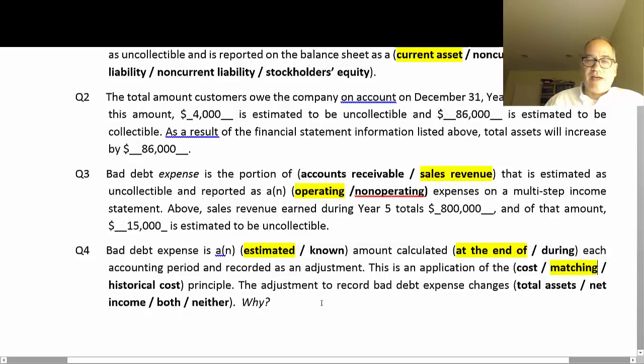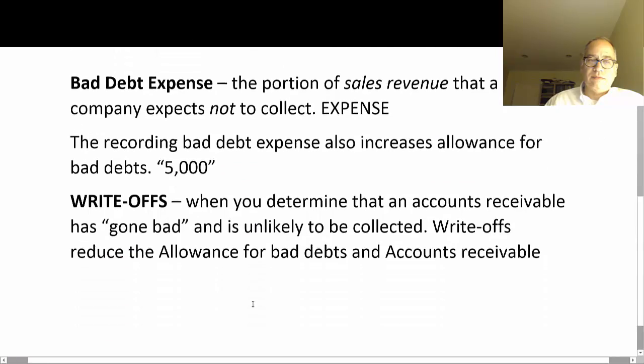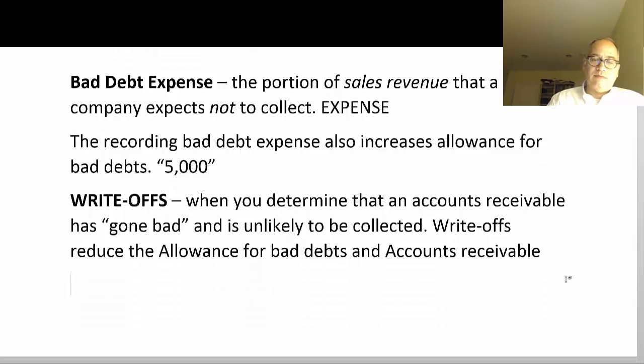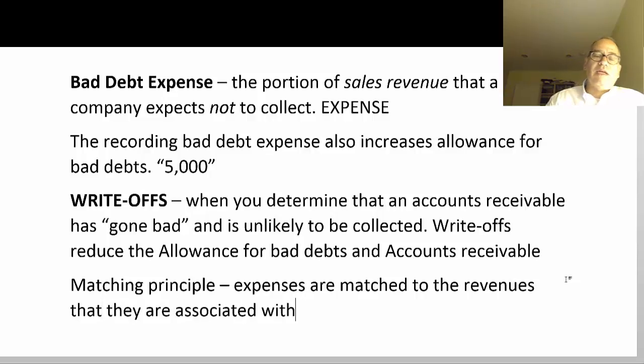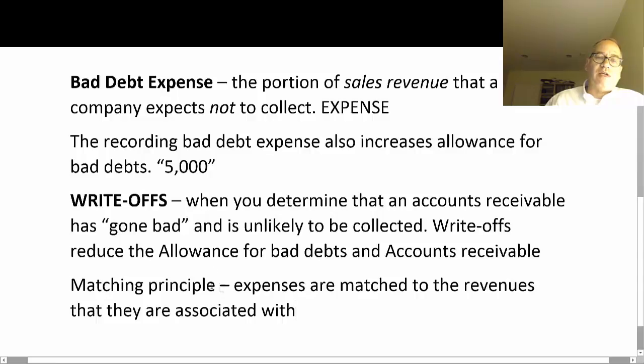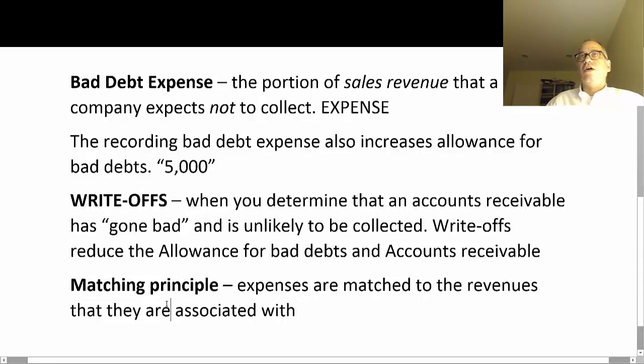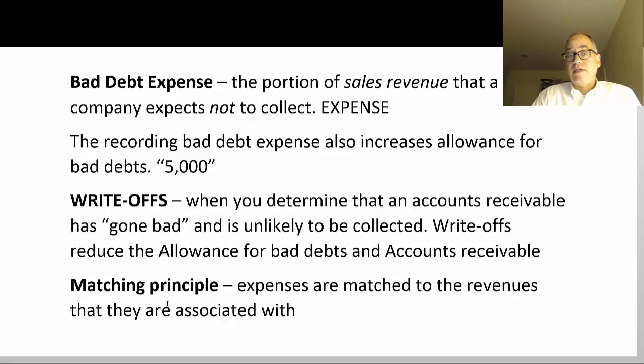If you remember, the matching principle says expenses are matched to the revenues that they're associated with, because expenses are by definition costs that bring on revenues. So the way the process works again is that you recognize revenue when they're earned, and then you would determine what expenses were necessary in order to earn those revenues.